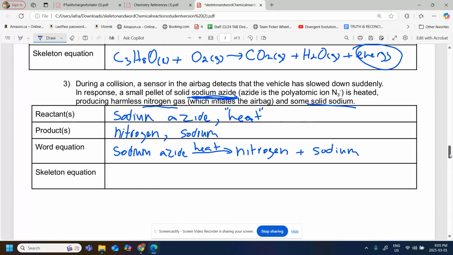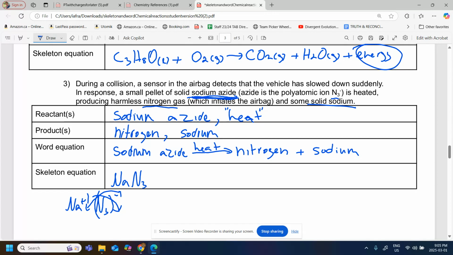We're told that sodium azide is a polyatomic ion N3 with a minus on top. So if I want to make sodium azide, that would be Na plus 1, N3, that's my polyatomic ion, with a minus 1. Crisscross it, you would get NaN3, like that.